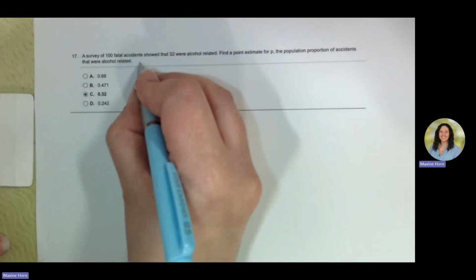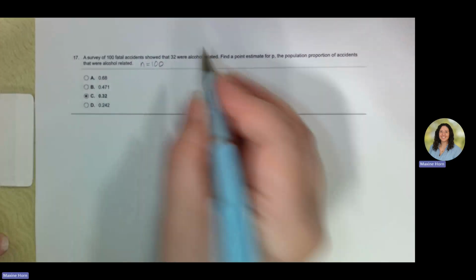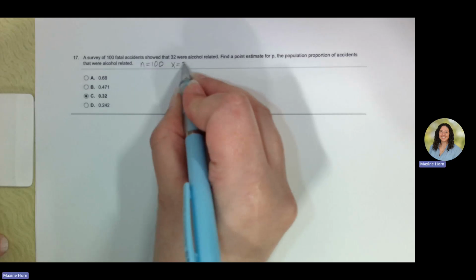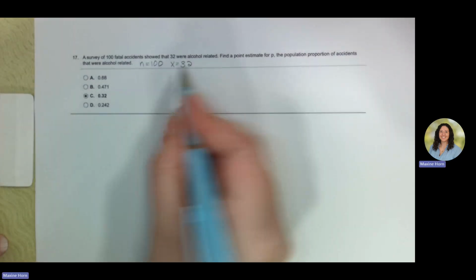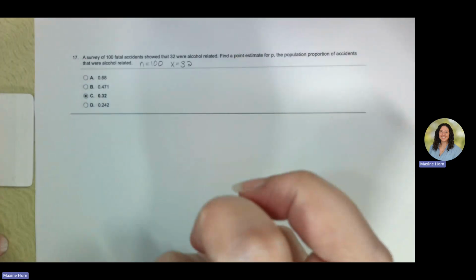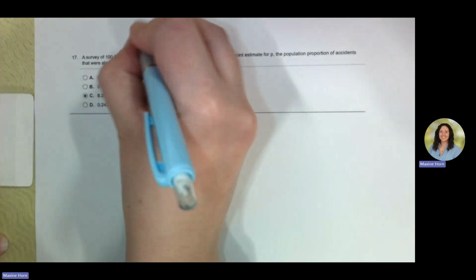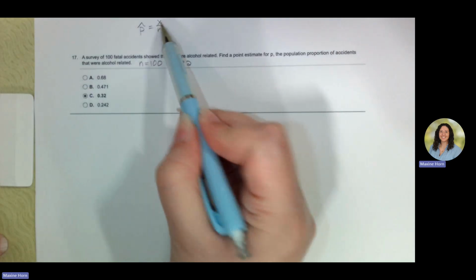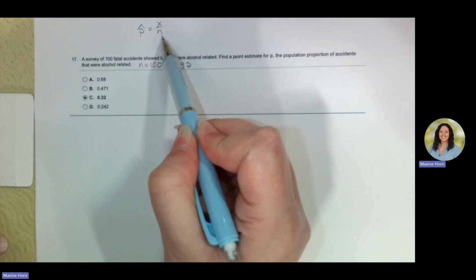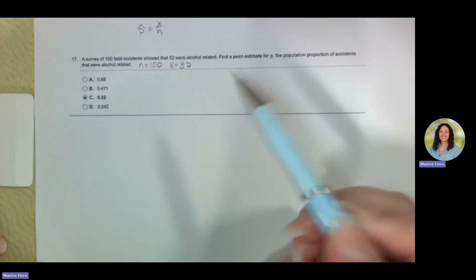Okay, a survey of 100 fatal accidents, that's n is 100, showed that 32 were alcohol related. That 32 is an X. Notice I did not put a bar over it, not an X bar, but an X. That's the number of successes, right? Remember your p hat is your X over your n, the number of successes over your sample size.